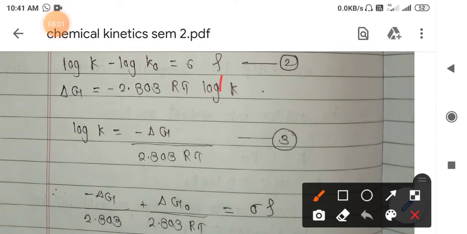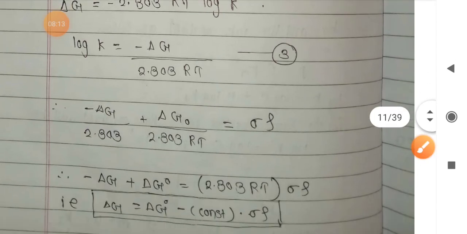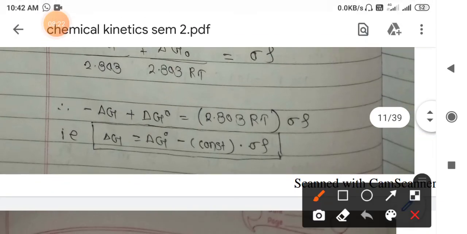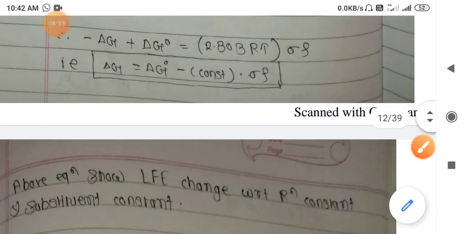So if we substitute this in equation number 2, for log k we can have the value of minus delta G upon 2.303 RT. If we substitute those values here, we will get the relationship between Gibbs free energy and the various Hammett constants. Finally we can rearrange that equation in this form, where delta G is equal to delta G naught minus the constant 2.303 RT into sigma into rho.